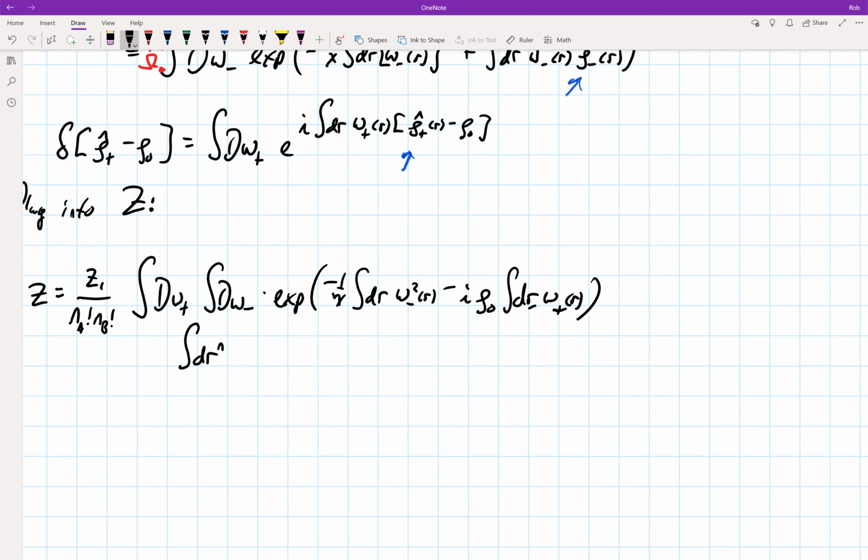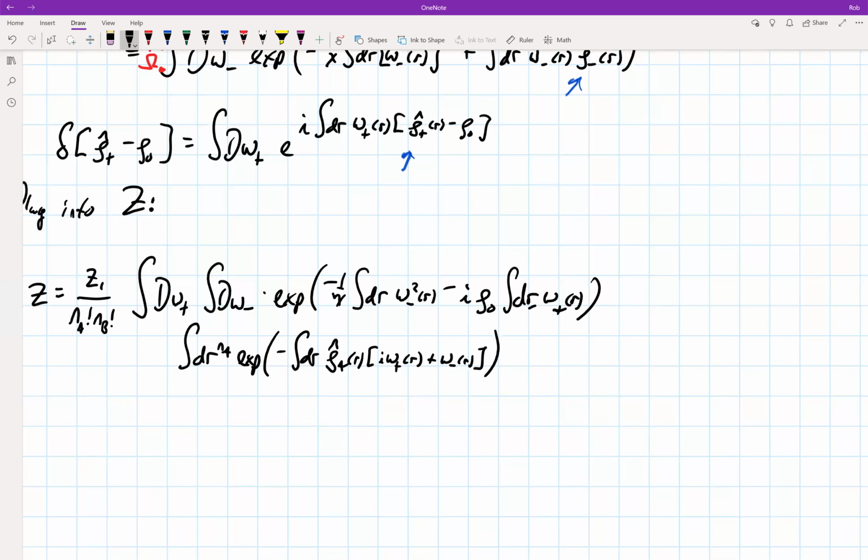Right, so we'll have a dr to the NA exponential of, make sure I get this correct, minus integral dr rho hat A of r. Right, so we have rho hat A multiplying iW+ here. So we'll have an iW+ of r, and then we will also have plus W- of r.